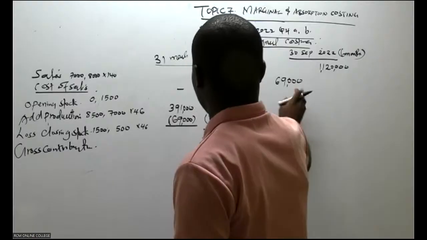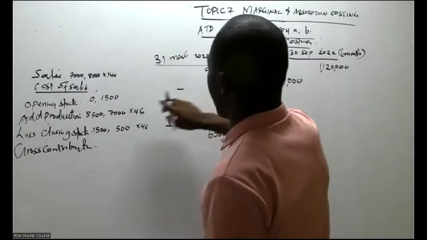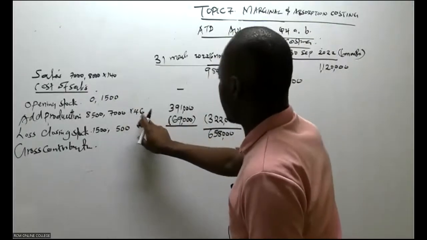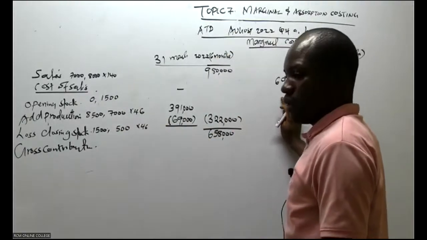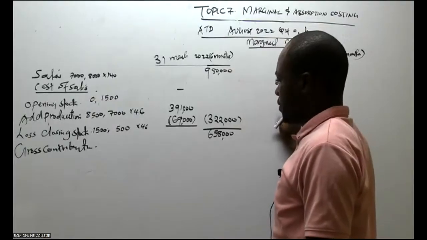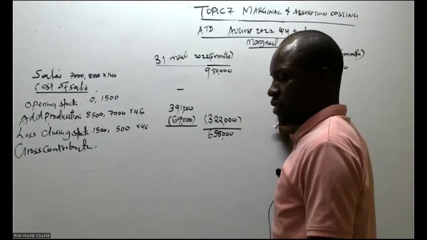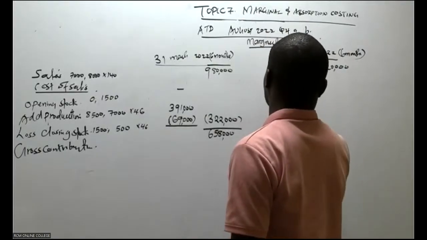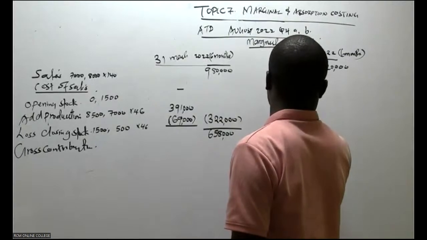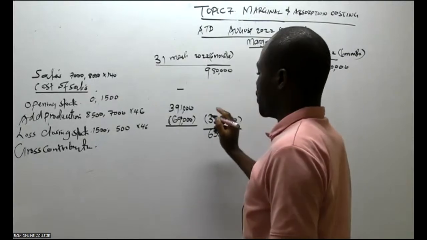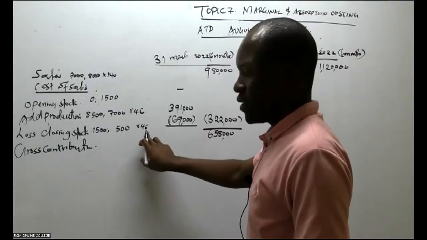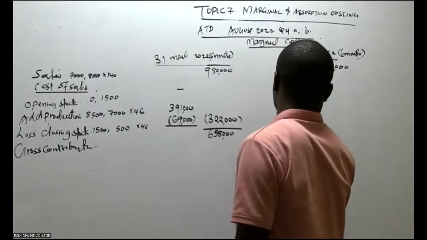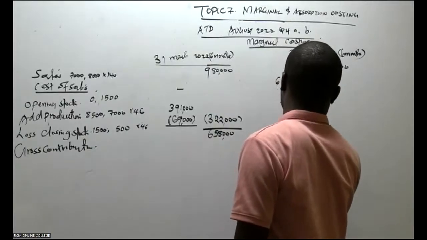Then let's go to this other side now. I have opening, I add production. My production is 7,000 by 46, which is 322. Then I less closing stock. Closing stock is 500 by 46, which I'm told is 23, but I need to less.